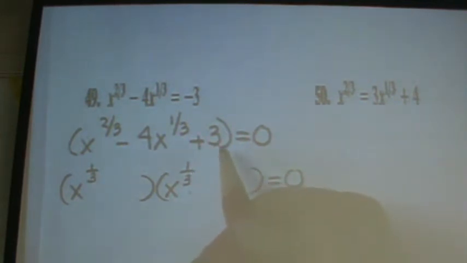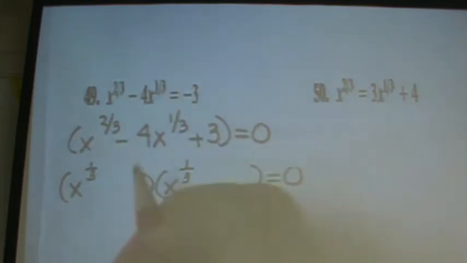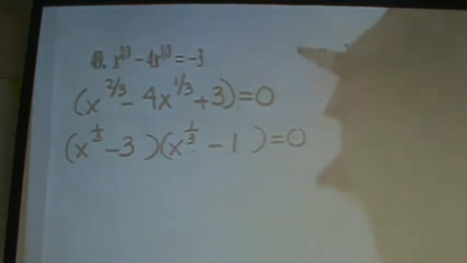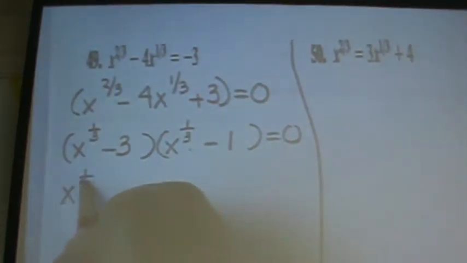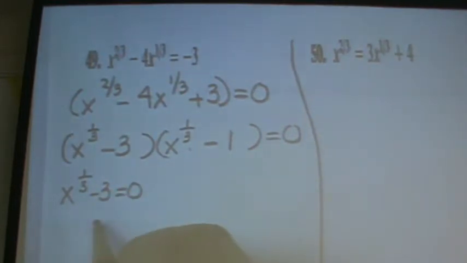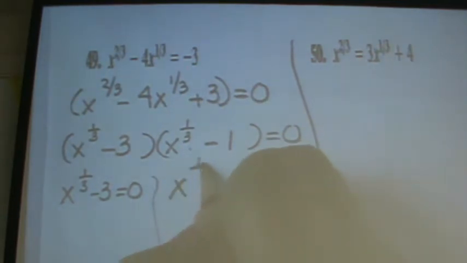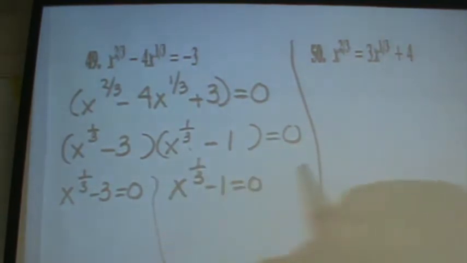Now this is the easy part. What two numbers multiply to give you 3, but add to be negative 4? So that would be negative 3 times negative 1. Now what you're going to do is set each of these, x to the 1/3 minus 3, equal to 0 and solve for x. And you're also going to set x to the 1/3 minus 1 equal to 0.